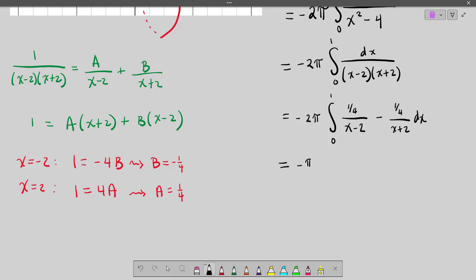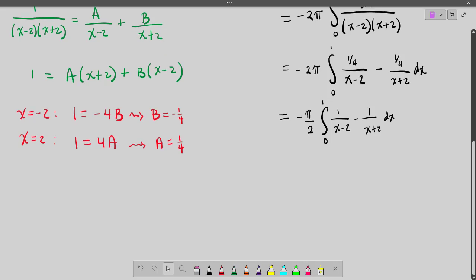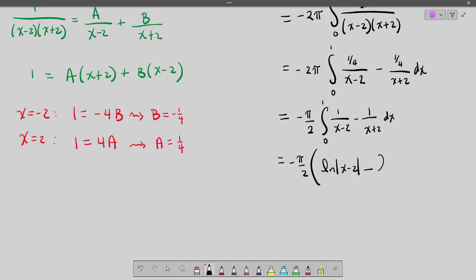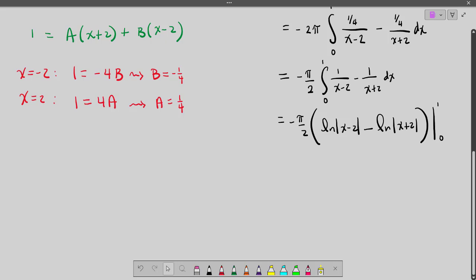So we get negative pi over 2 times the integral. We'll just write this down. Probably could have just integrated on that step, but we'll just wait. Natural log absolute x minus 2 minus natural log absolute x plus 2 on our integration interval 0 to 1.